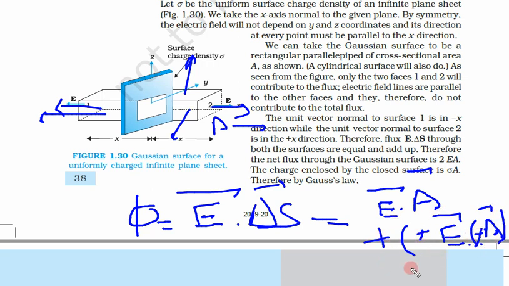So EA and EA is equal to 2E dot A, and since both are in the same direction, this is simply 2EA cos 0.